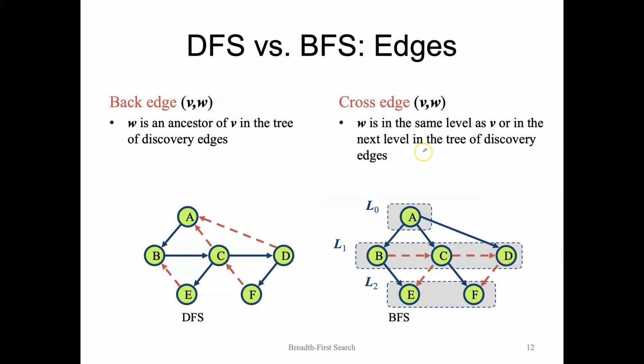So this is why we call them back edges: this is going back to an ancestor of our tree. And in the cross edges case, we're going to a vertex that belongs to the same level or just to the very next level, but we don't skip around anything more than that.